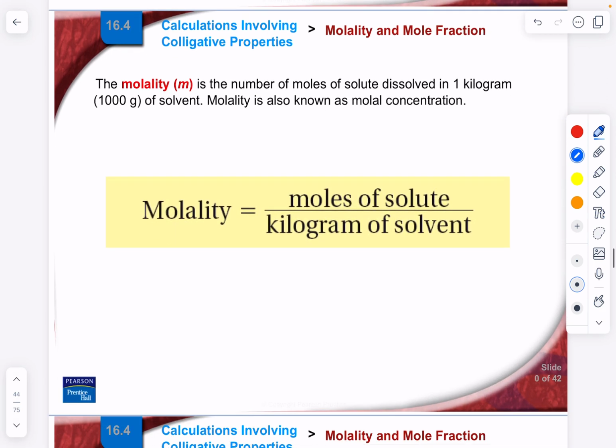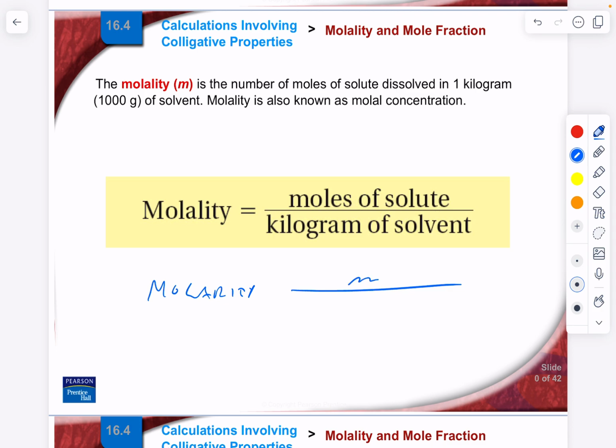So when we talk about these particular things like freezing point, boiling point, vapor pressure, these different properties, we often use molality. And the difference between molality and molarity is the denominator that has the same numerator, moles of solute.